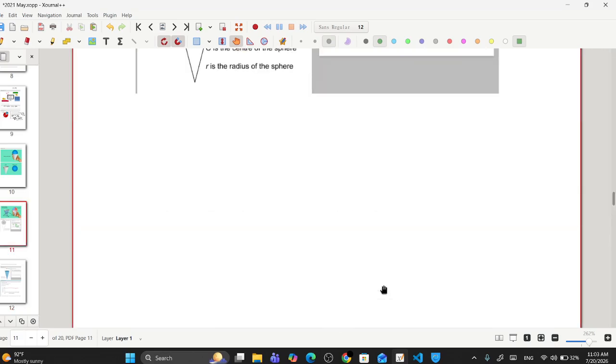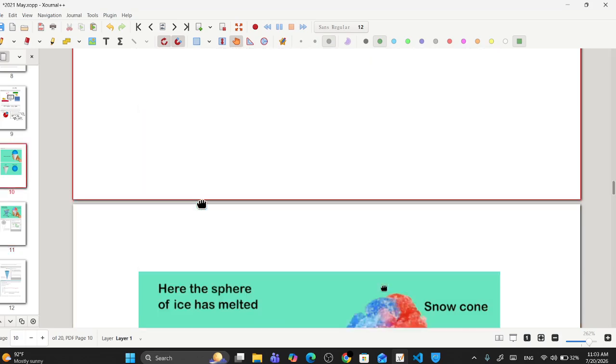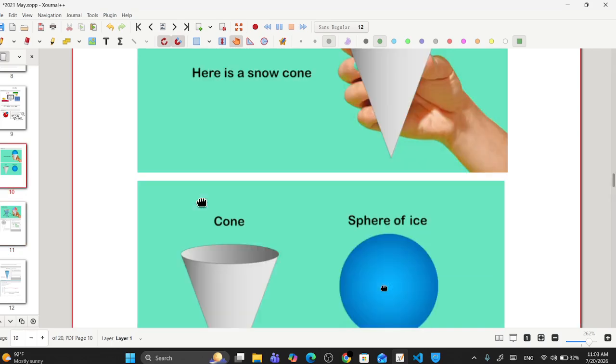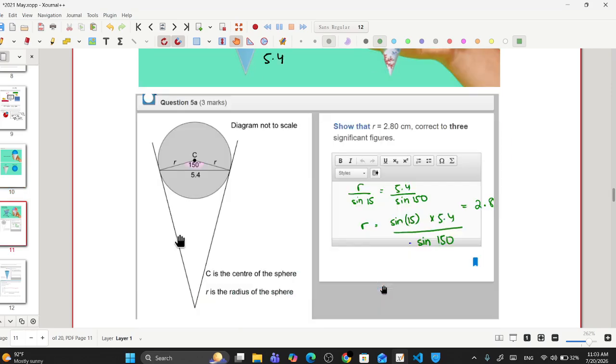Or maybe it's not present in the question. No. Because they should have given some value related to. Okay, the radius is 2.8. And alright, I know what we have to do.